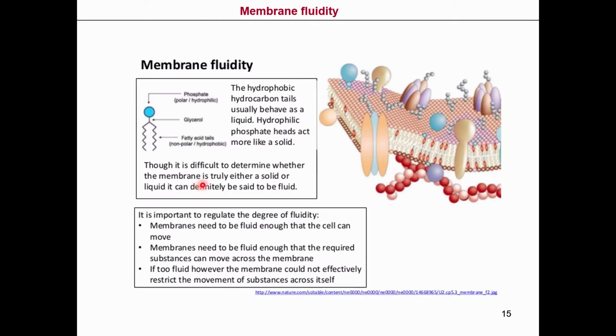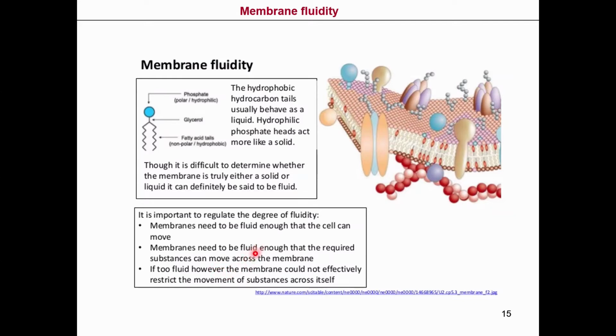So the membrane is either what we call a solid or a liquid, and we say that we have a gel transition. We need to regulate the degree of fluidity in our body. Why? Because the membrane needs to be fluid enough that the cell can move. It has to be fluid enough that the required substances can move across the membrane.